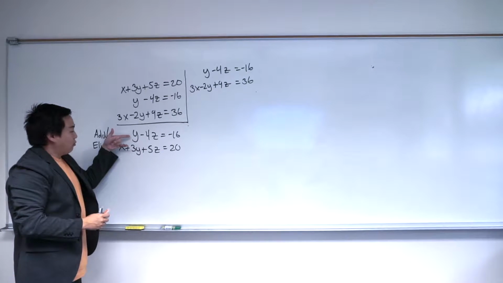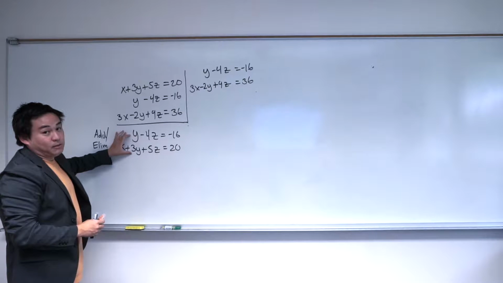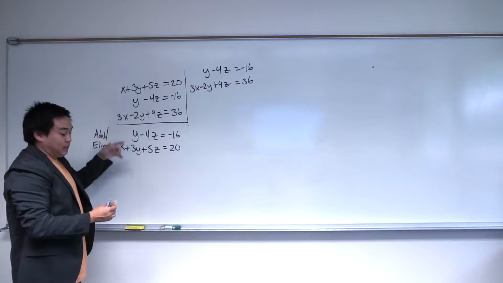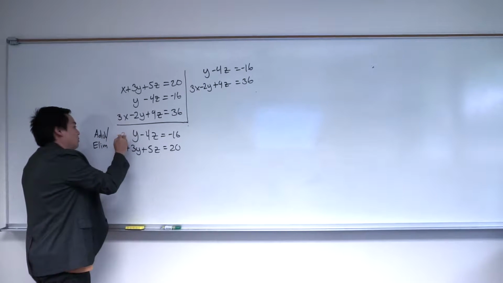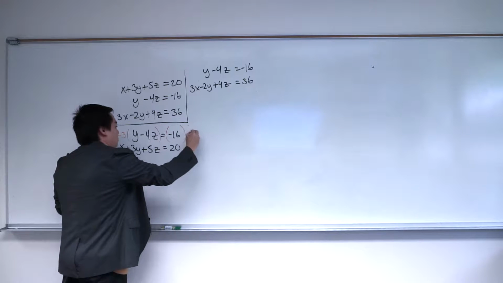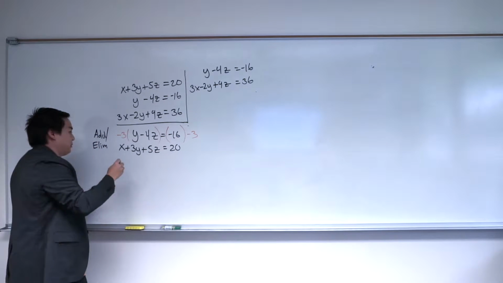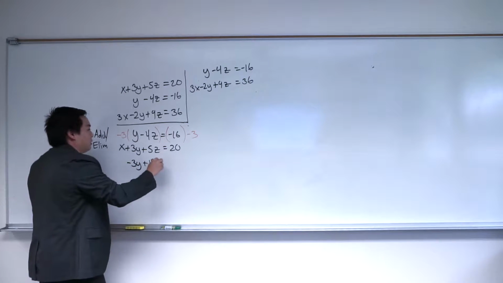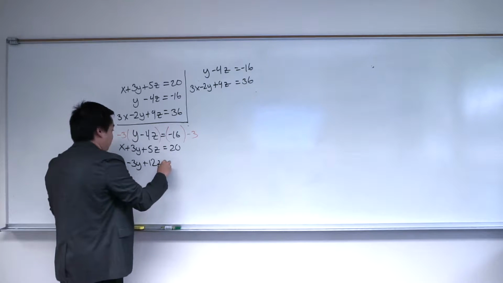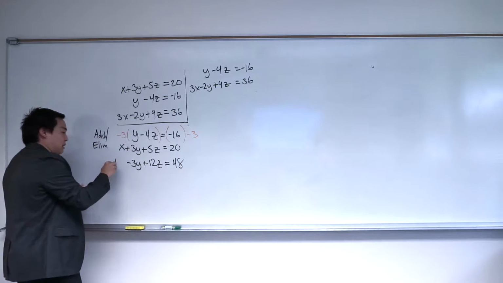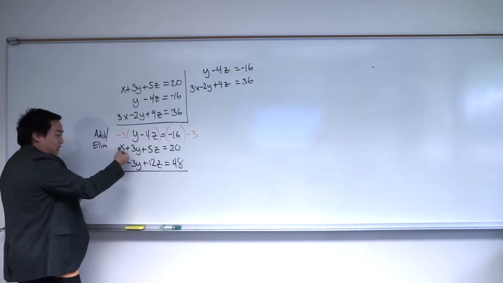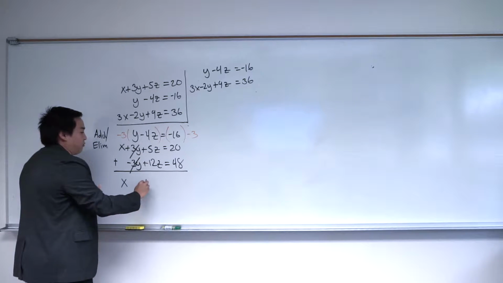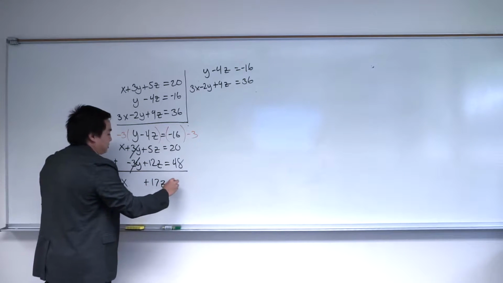Since we picked y, what we want to do is make the number in the front the same, but opposite sign. So we need to multiply the top equation by minus 3, and what we get is negative 3y plus 12z equals 48. Then add straight down. There are no x's here, so we just have an x. The y's cancel, and you're left with 17z is equal to 68.